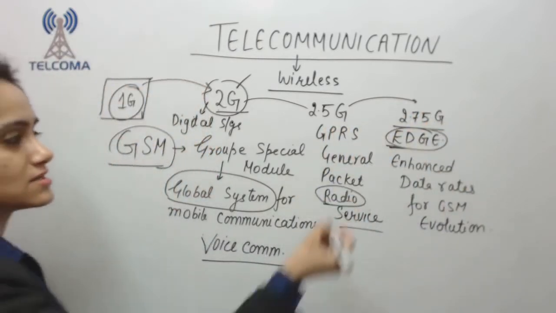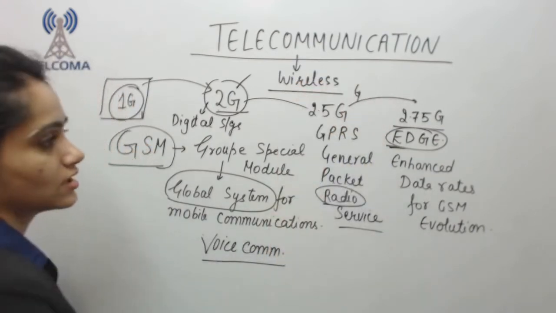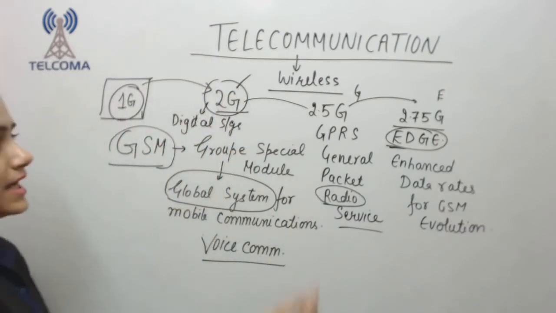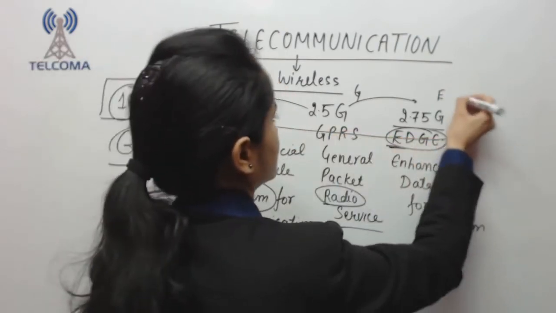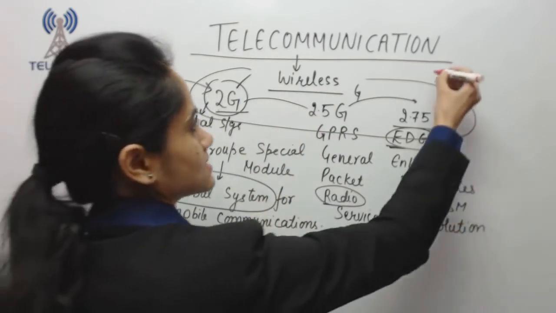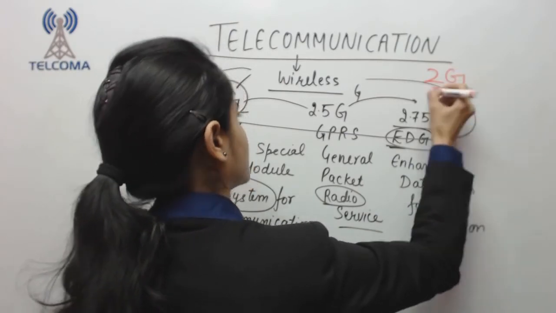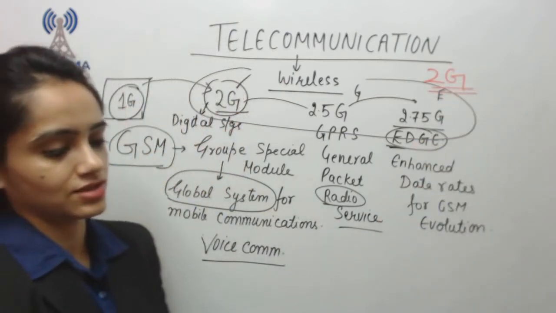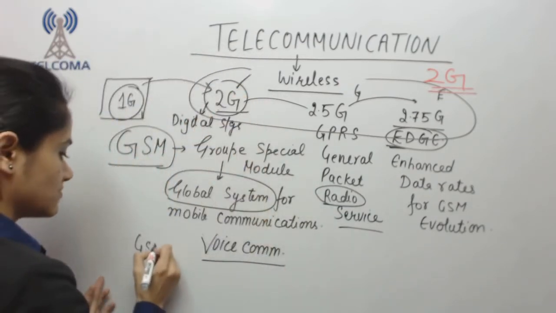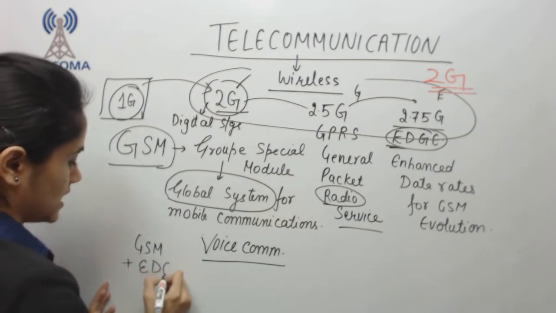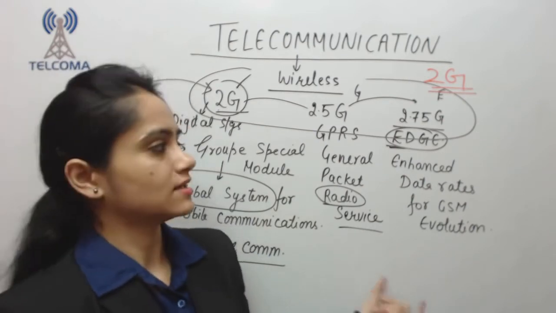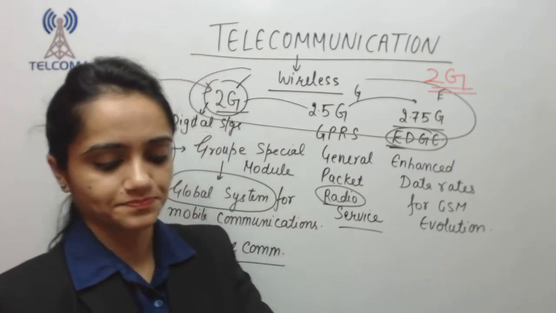When we access GPRS on our mobile device, we see the sign G. When we access EDGE, we see the sign E. Combined, these are under 2G, 2.5G, our second generation. In a handset, for voice we have GSM technology, and for data we have EDGE technology. These are the technologies under the second generation.